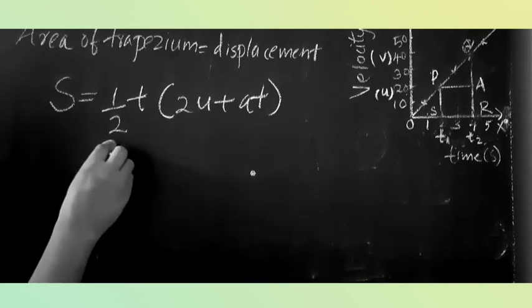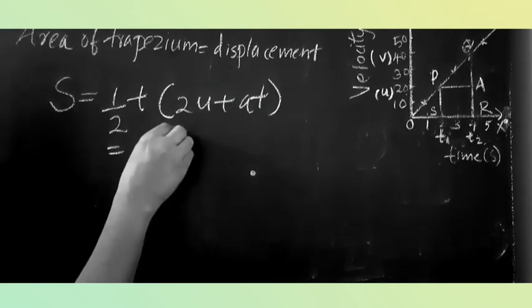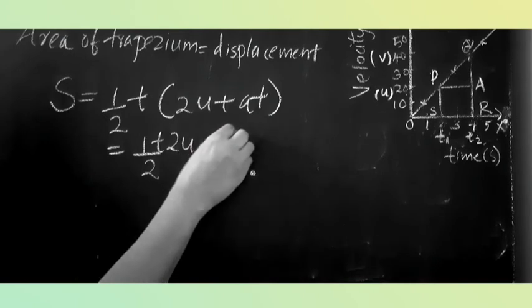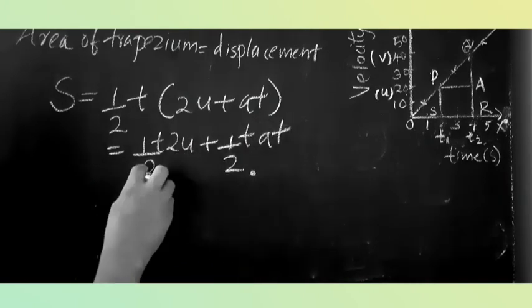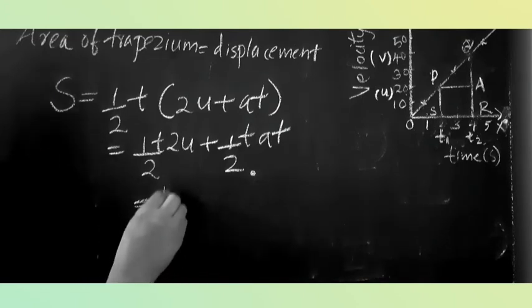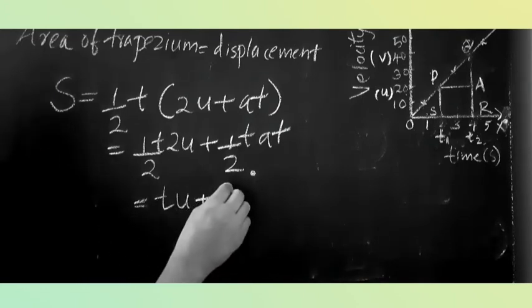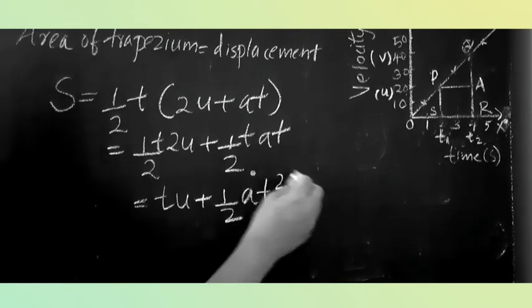By opening the bracket, we have half into t into 2u plus half into t into at. By cancelling 2 and 2, we have tu plus half into a into t square.